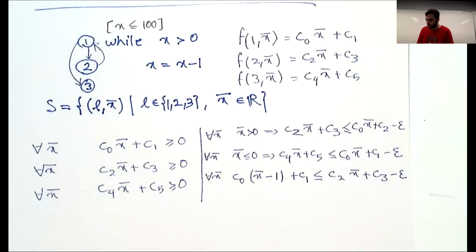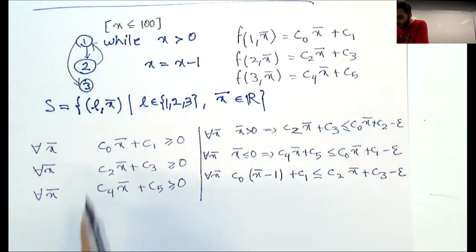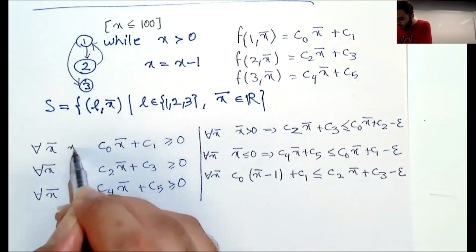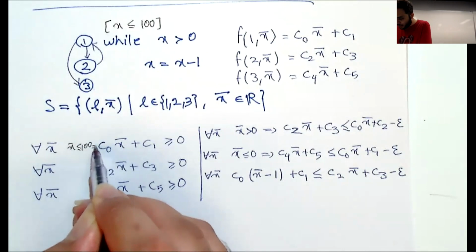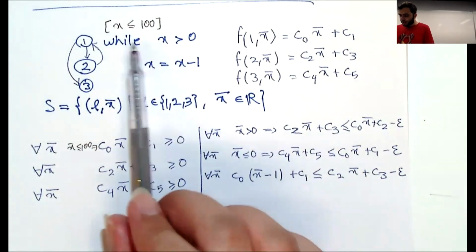Okay. Then what happens? Then the thing that happens is that, well, at this line, now I know that x is at most 100. So I can say that if x was at most 100, then this whole thing should hold. Right? So we call these assumptions invariants.